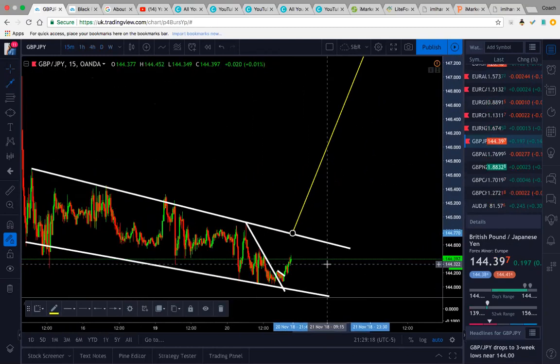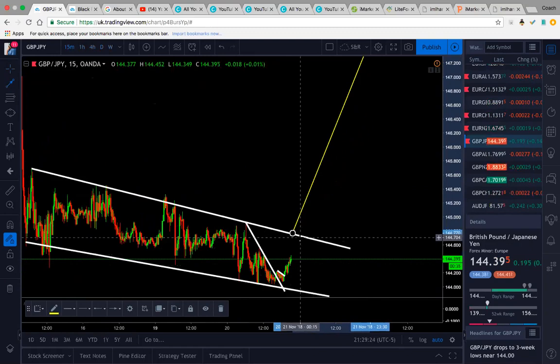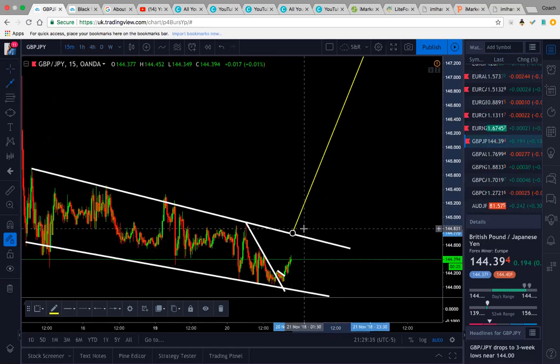But however, this overall structure will need to be broken. So let us not anticipate that. Let us allow price to show you that this structure is broken first, with the correction, and then we could enter for the upside.